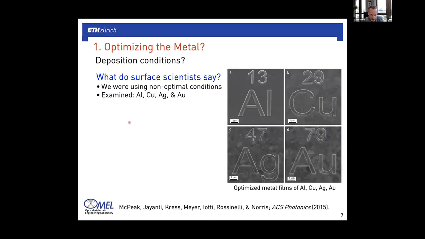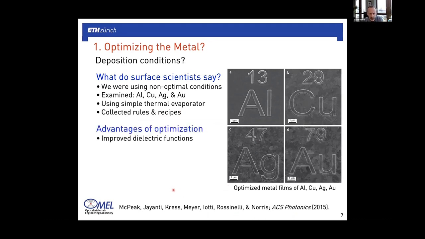And so these gentlemen then went on to study four common plasmonic metals: aluminum, copper, silver, and gold. And they basically restricted their work to a simple thermal evaporator that we all have access to at room temperature deposition, and then collected rules and recipes from these old papers and basically published a cookbook in ACS Photonics.